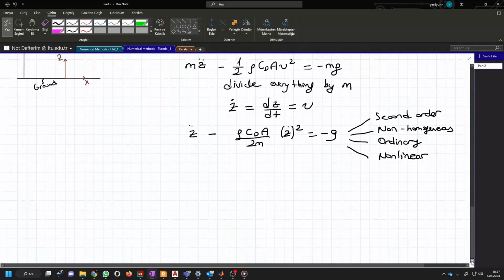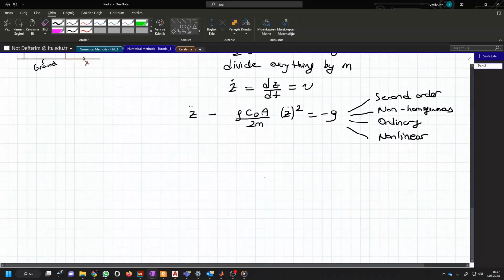But we have here a nonlinear equation. Why? Because we have the square of our dependent variable. We have the square of z dot, or v.